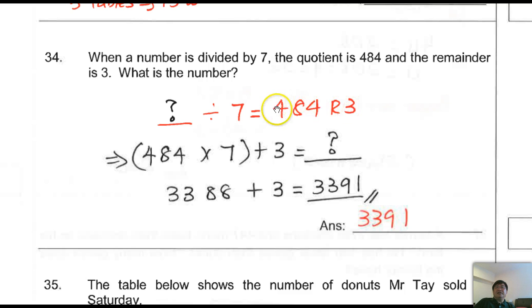Okay? And this so-called quotient times 7 should give you back this number. So I take 484 times 7, add back the remainder, I should get the actual number. Okay, 484 times 7 is 3388, plus back the remainder, I'll get the original number, 3391. Practice this.